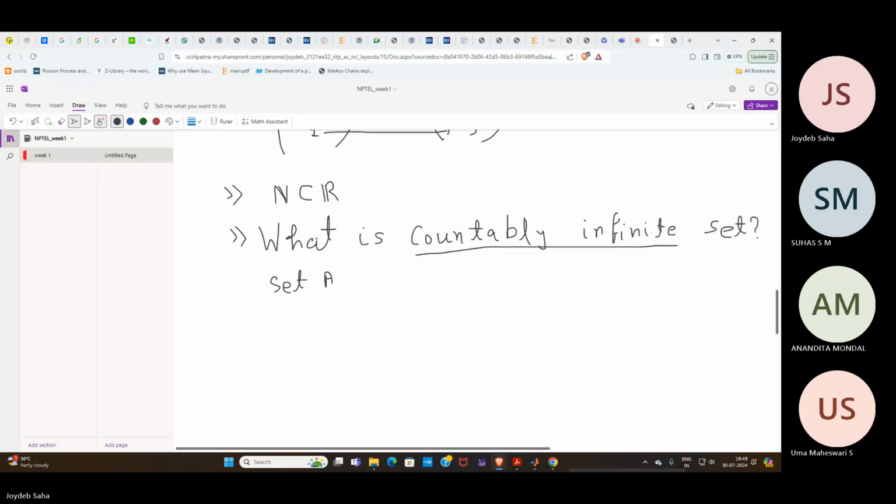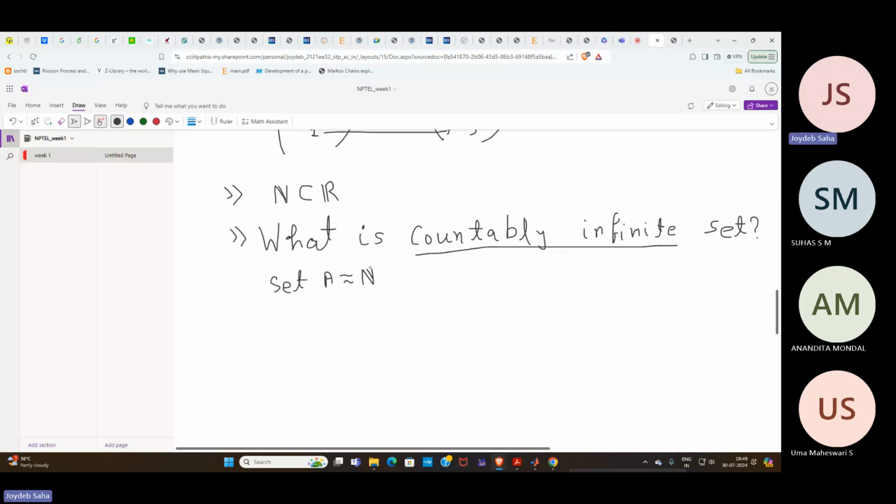So if set A is equicardinal with N, right? N is the set of all natural numbers. Then we call that A is a countably infinite set. So what is the natural number here?